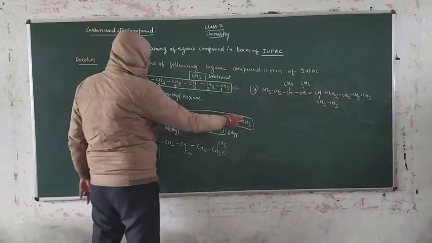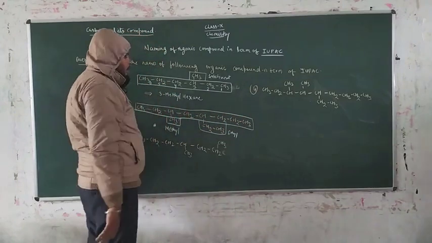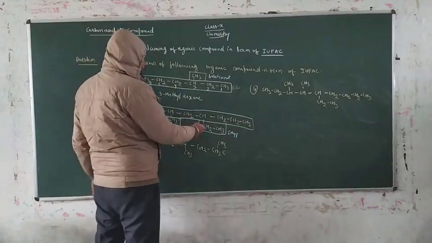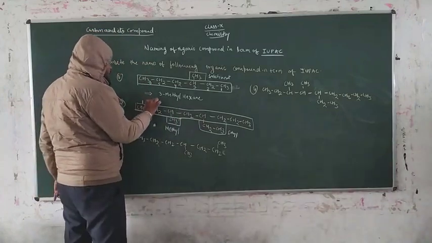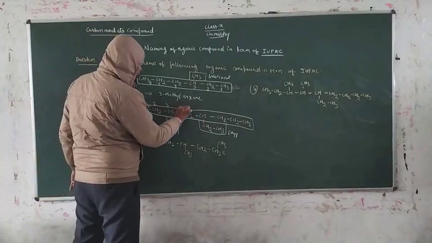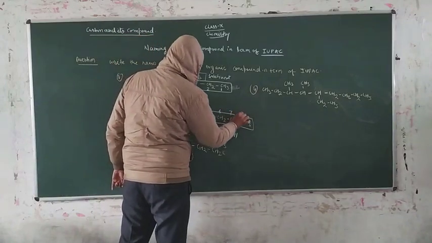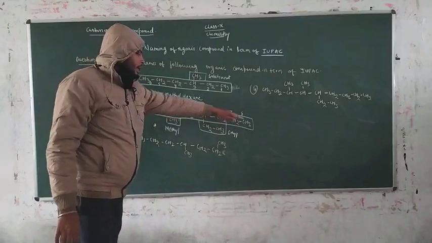From right to left, 1, 2, 3, 4, 5, 6, 7, 8, the substituents come at positions 4 and 6. So the numbering is taken as 1, 2, 3, 4, 5, 6, 7 and 8 from left to right.